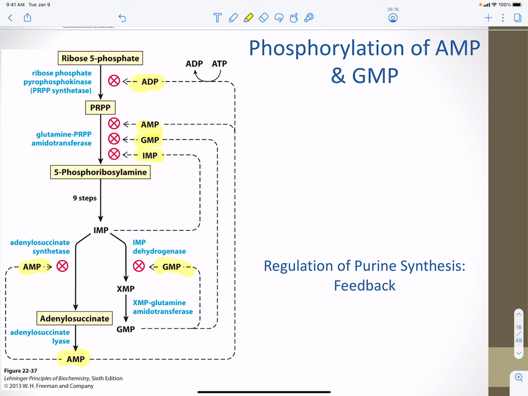So the 4 key enzymes that are regulated are going to be the ribose phosphate pyrophosphokinase, also the glutamine aminotransferase, and then we have our adenylosuccinate synthase and our IMP dehydrogenase. And so basically, if you have too many GMPs, that's going to push things towards AMP. Too many AMPs are going to push things towards GMP. Too many of either of those or both of those are going to push things back to ribose 5-phosphate.